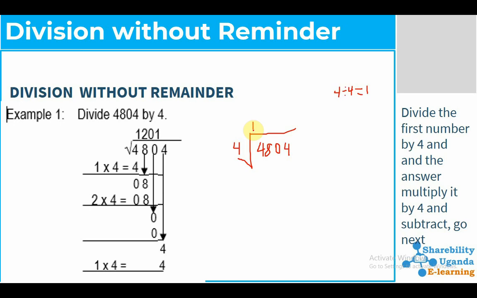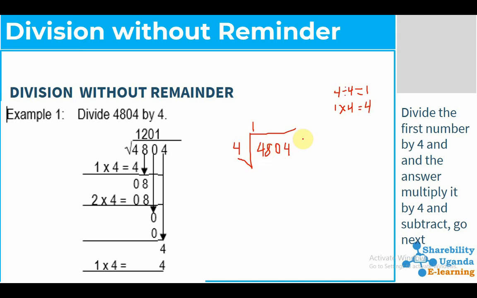So we write our 1 here. When we write our 1, we say 1 times 4, and the answer is 4.